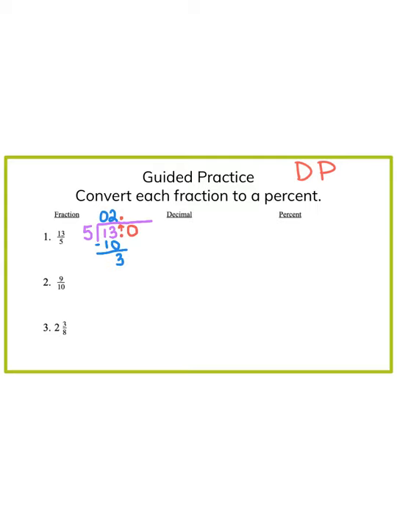Now I can bring down the 0 that I added and determine how many times 5 will go into 30. I know 5 can go into 30 6 times. 5 times 6 is 30. So now I'm left with a remainder of 0.